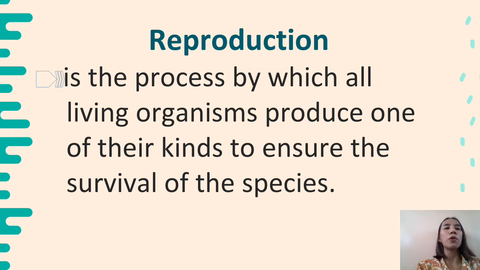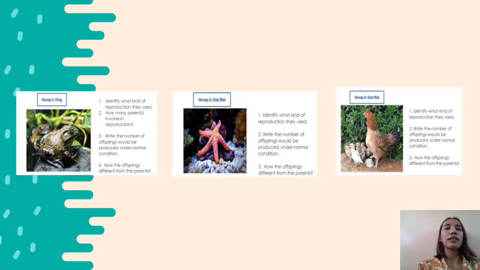So now, to understand our lesson more, let's have an activity. I have here your different tasks. In this part, you need to examine the different organisms in the environment and then identify what kind of reproduction they use.